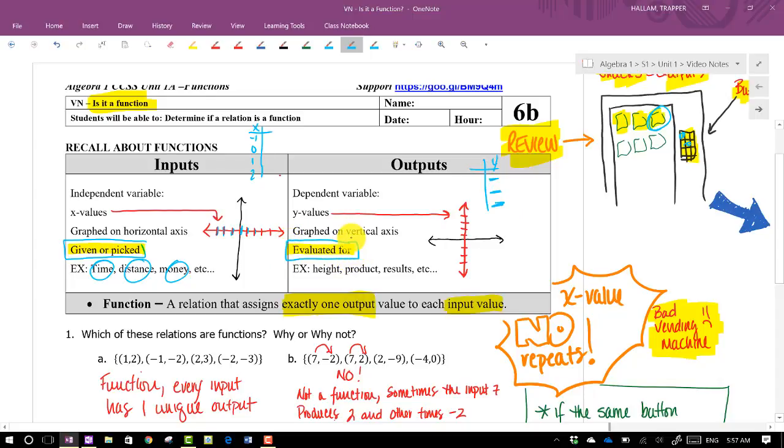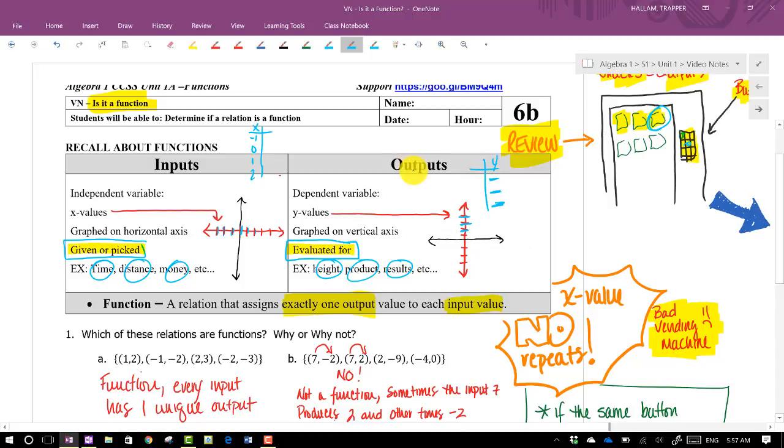They're y values along the y-axis, and usually these are things like time versus distance or height or money versus product. So these are the results. So these end up being our labels or situation or context for inputs, and height, products, times, and other things that we'll talk about as we go are our outputs.